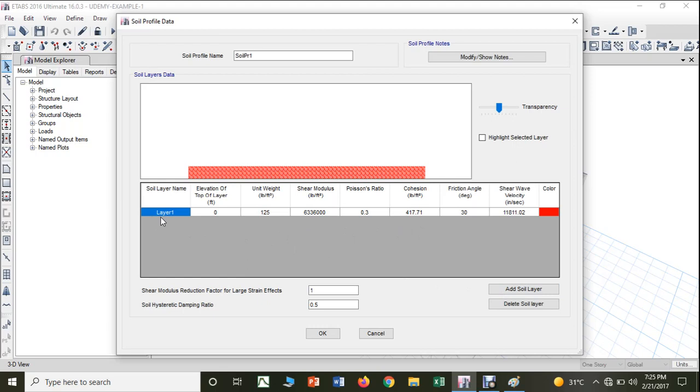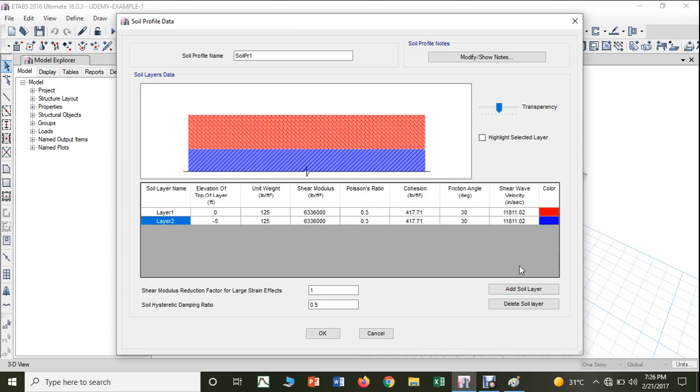For example, you can give a soil layer name, the elevation of the top of the layer, what depth of that soil is there. You should know the unit weight of that soil, the shear modulus, the Poisson's ratio, the cohesion, the friction angle, the shear wave velocity, everything, and color.